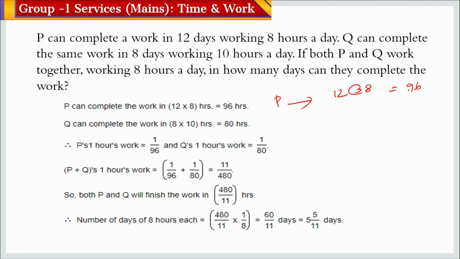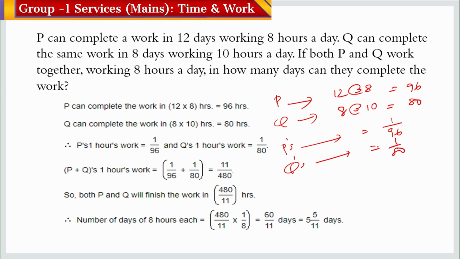Q completes the work in 8 days at 10 hours, 8 tens are 80. So P's work in 1 hour is 1/96, Q's work in 1 hour is 1/80.